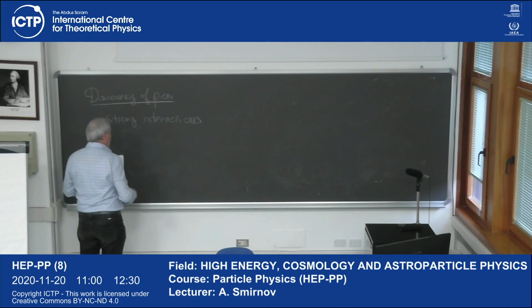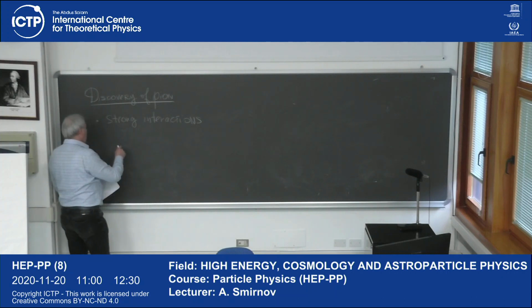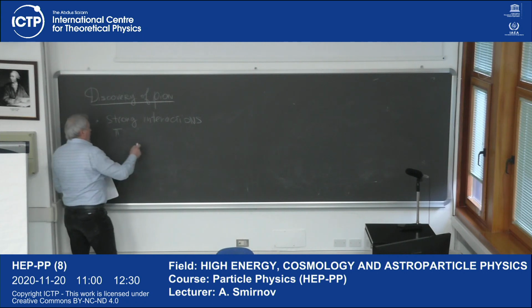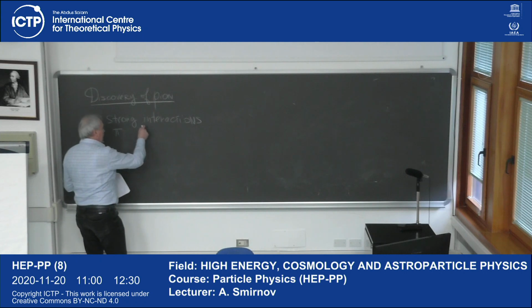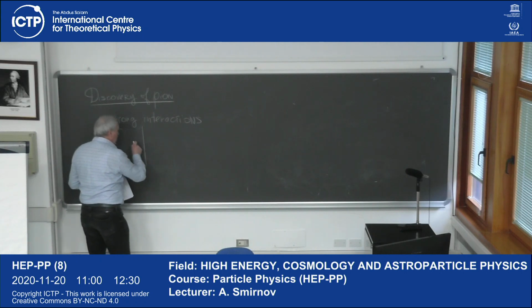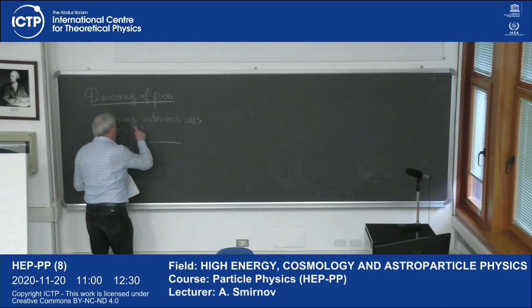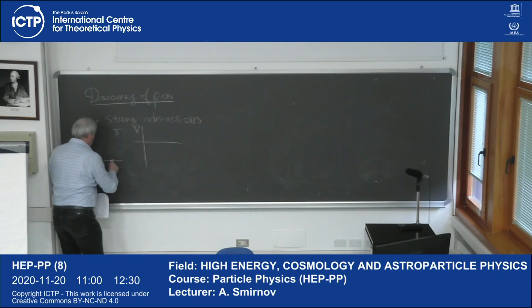And as I said, Yukawa introduced the theory with a mediator, and that was the Yukawa particle, which we now call the pion. This is a massive particle, and therefore the potential produces forces between protons and neutrons.